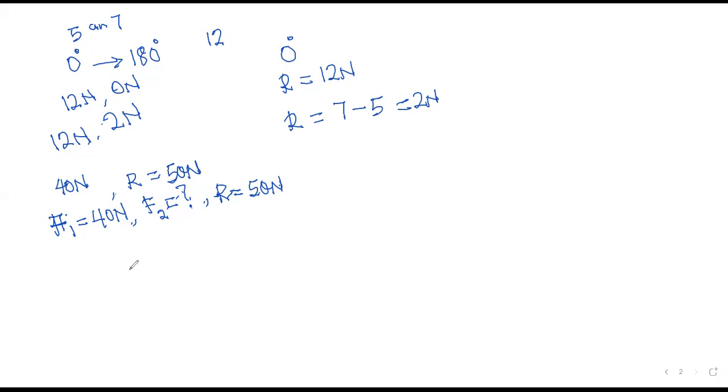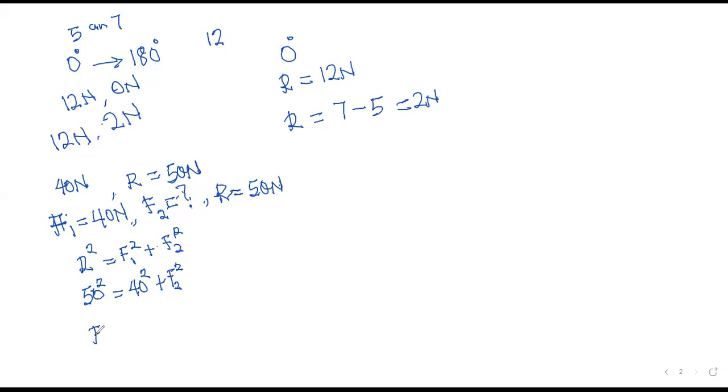Okay, let's see if Valerie got it right. Once they are perpendicular to one another, R squared is equal to F1 squared plus F2 squared. R is 50, so 50 squared is equal to 40 squared plus F2 squared, where F2 is unknown.